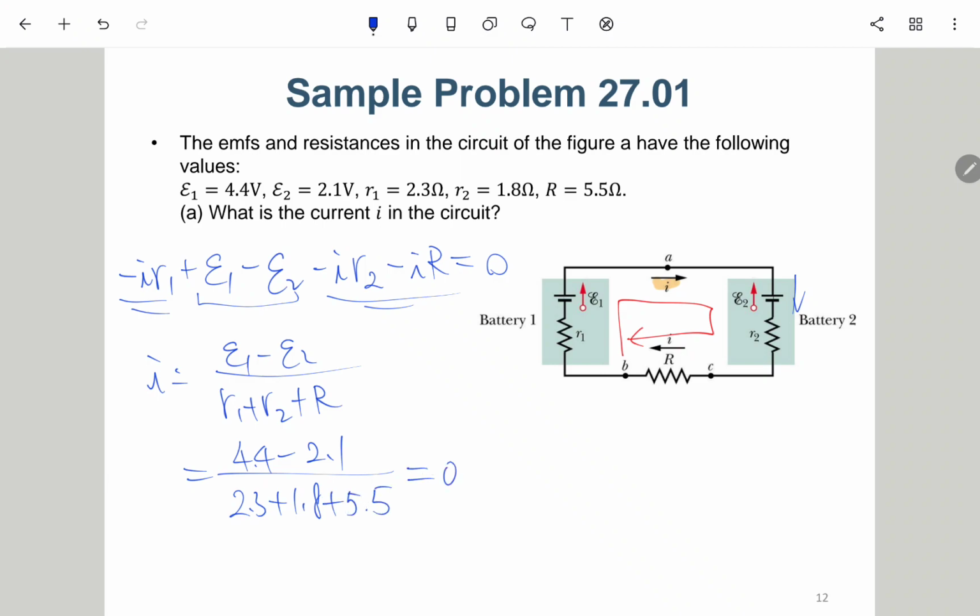This is nothing but 0.240 ampere. So this is pretty easy for question A.